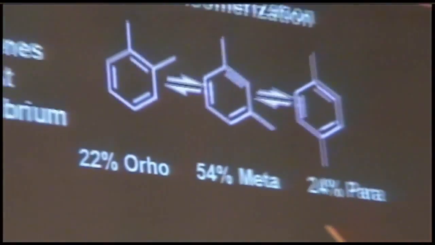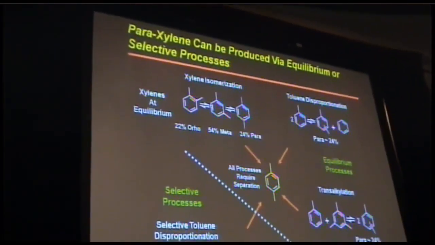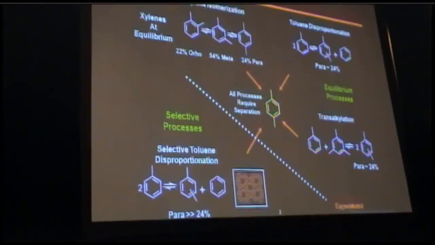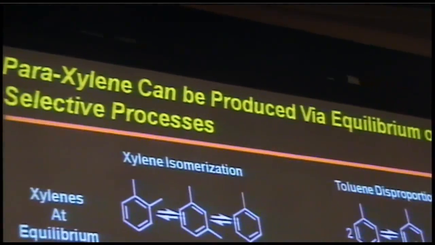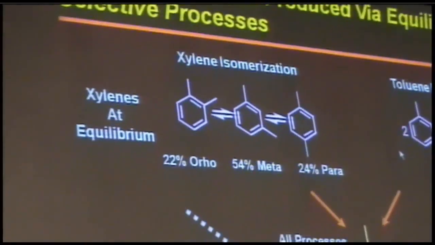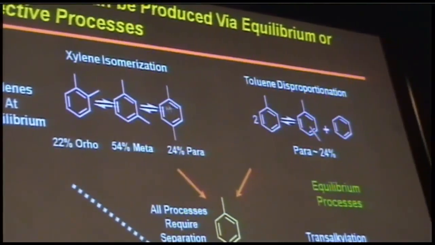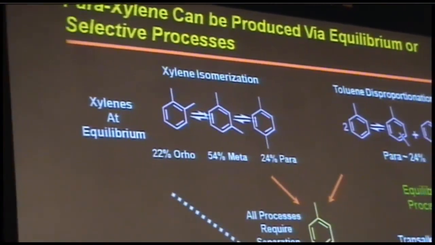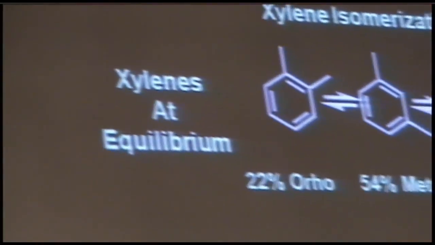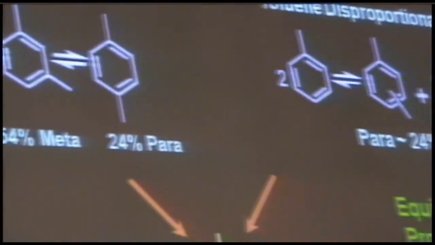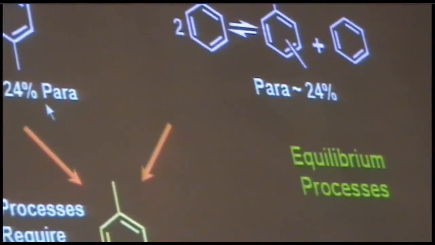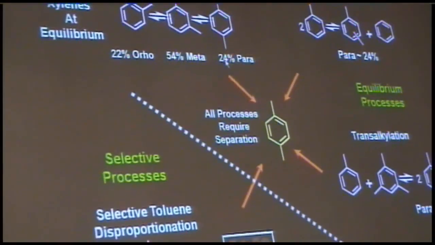So paraxylene can be made in a number of ways, and it can be produced via equilibrium and through selective processes. So if we look where the pointer is, these are some of the equilibrium processes. We have xylene isomerization, where we basically take xylenes to equilibrium. And as nature would have it, the isomer that you want is paraxylene, and that's only produced in 24% in equilibrium.